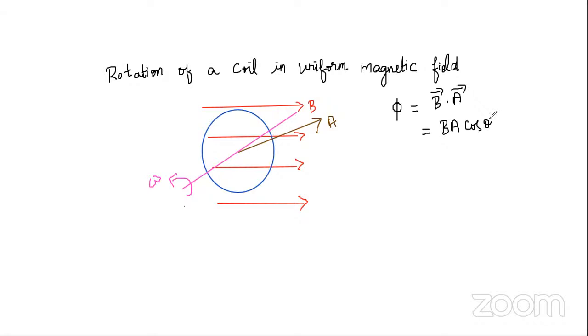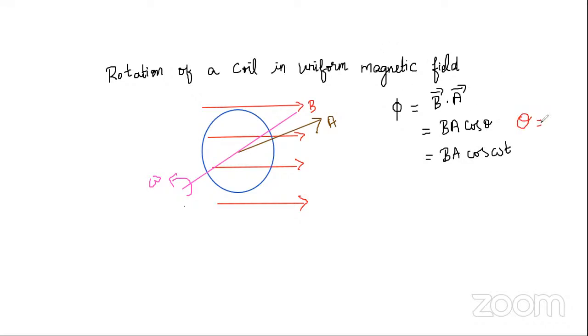So there is a change of flux. The coil is rotating with angular velocity omega. So theta is replaced by omega into t, because of the angular displacement. The angular displacement theta can be represented by angular velocity into time.